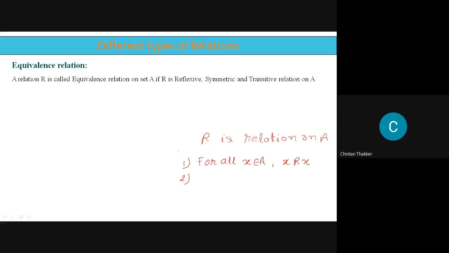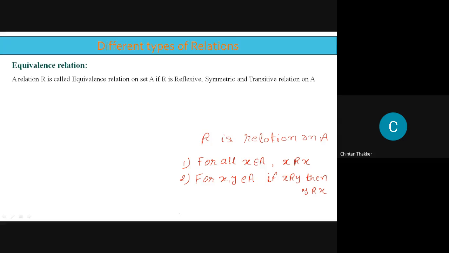For symmetric, the condition is: for x, y belongs to A, if x is related to y, then y is related to x.